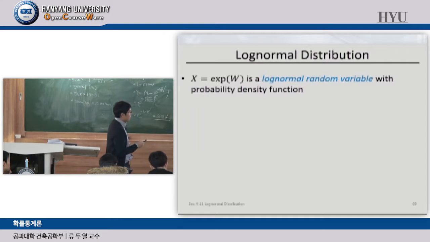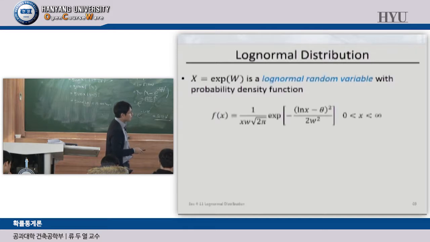And large X is equal to exponential large W, a normal random variable, with the probability density function as you can see here. The probability density function is equal to 1 over x times w times root 2 pi times exponential minus (ln x minus theta) square over 2 w square, when x is between 0 and infinity.